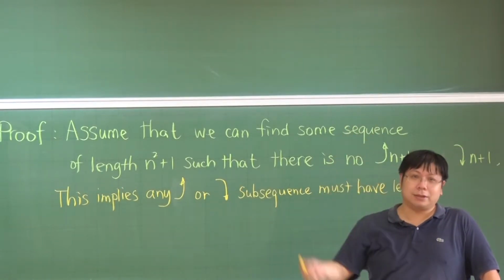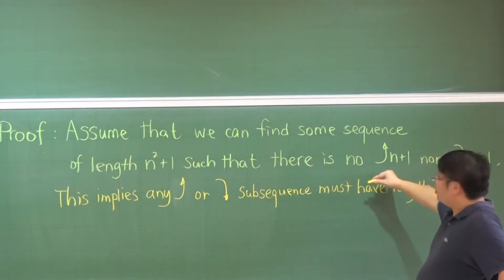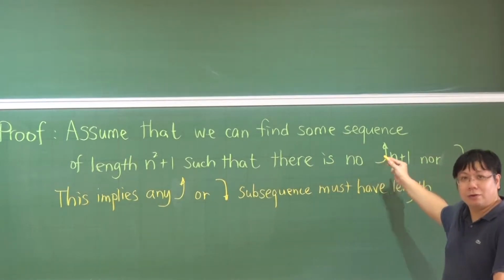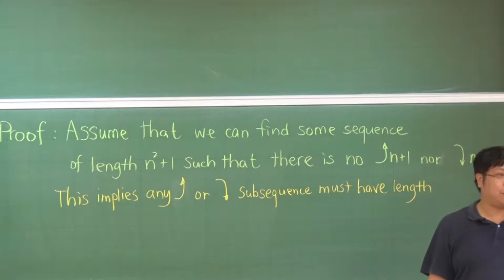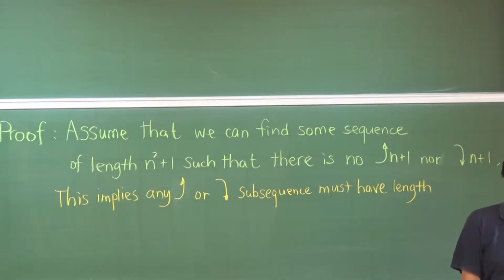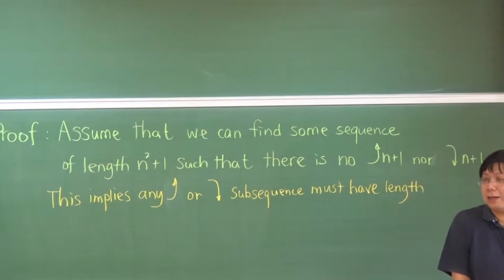Any increasing or decreasing, you cannot find n plus 1 long. So what can be the length of an increasing subsequence? You cannot find n plus 1, so what can it be? It cannot be n plus 1.